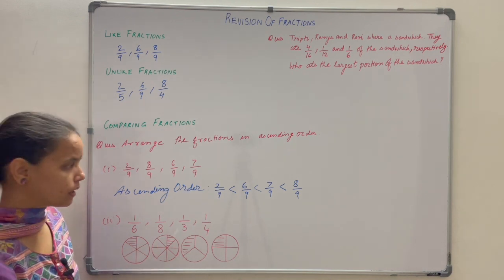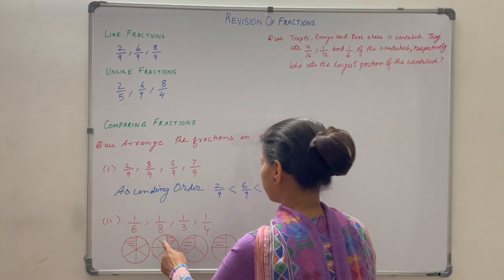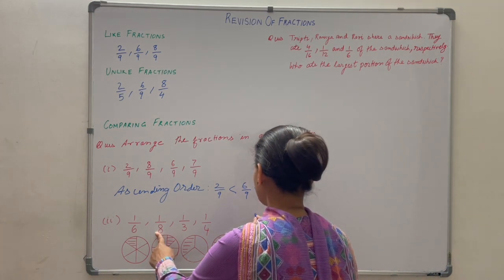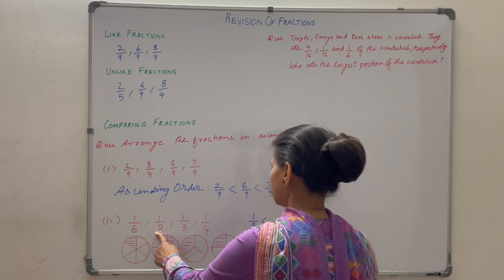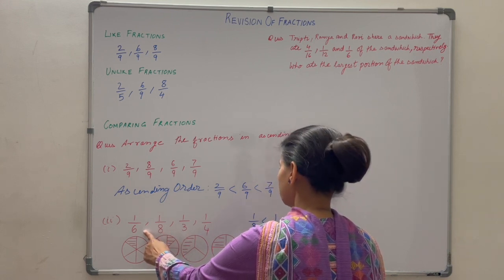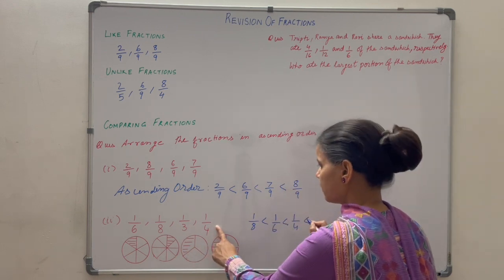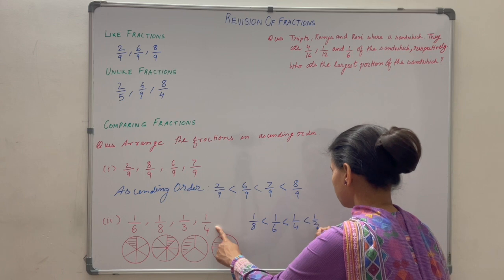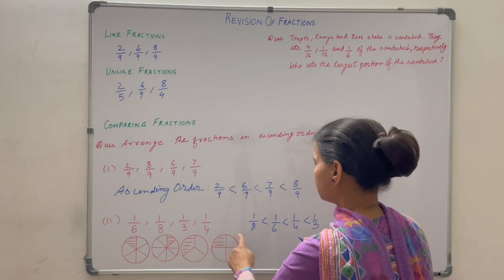When the numerator is the same, the smallest number is where the denominator is the greatest. So 1 by 8 is the smallest number. Then we have 1 by 6, then 1 by 4, then 1 by 3. So this is the ascending order for these fractions.